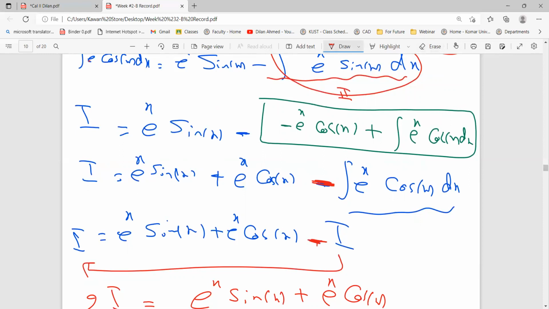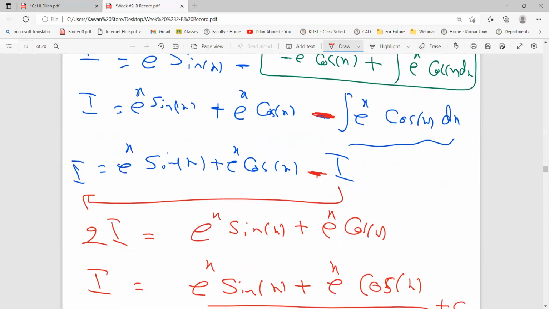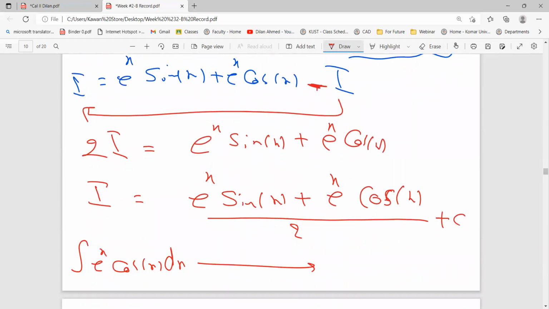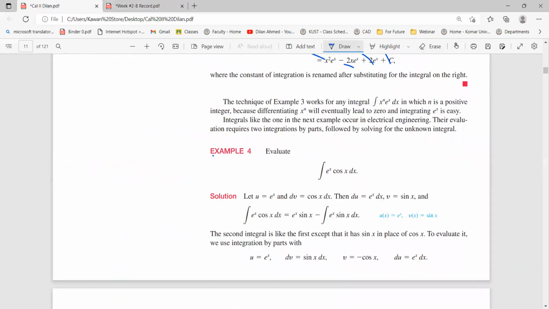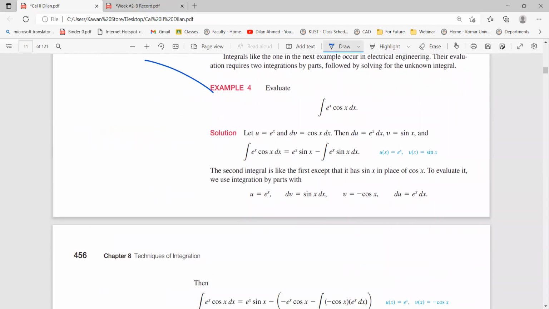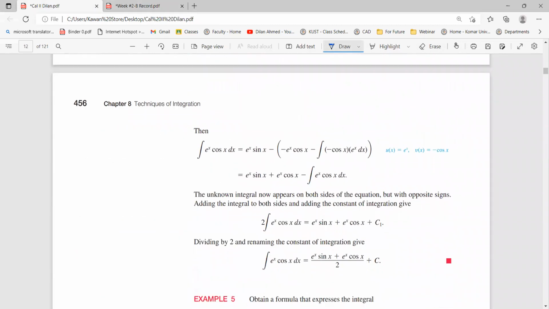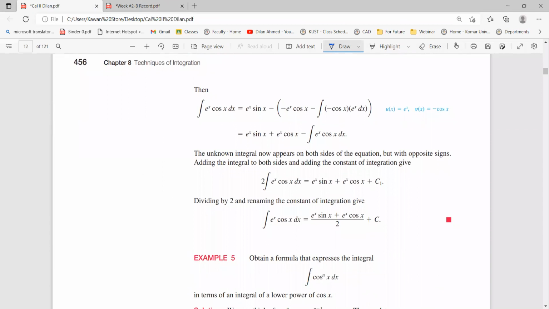Later we will bring it to the left side and I will get 2I, and I will get the result after division. Any question about that example? So you need to solve that one carefully. We need to integrate them, and again you get the same.